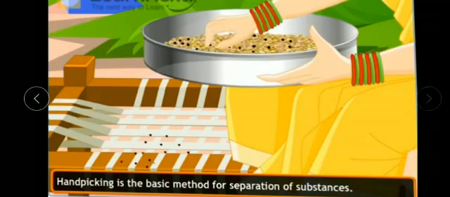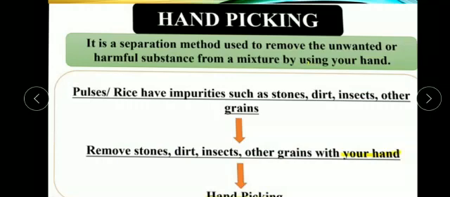So what have we understood now? When pulses and rice have impurities such as stone, dirt, insects, other grains, then we remove them with our hand, and this process is known as hand picking.